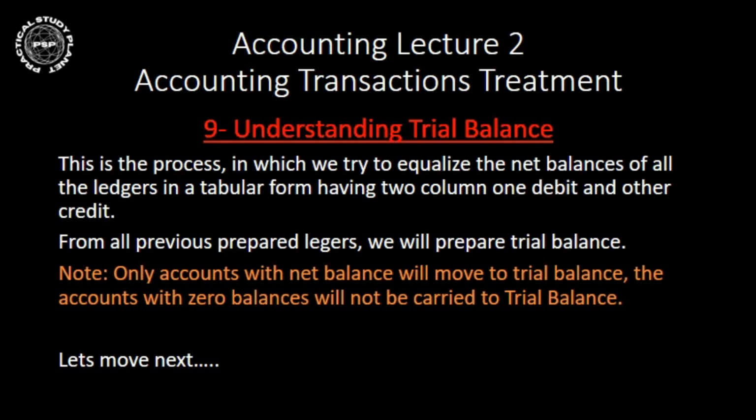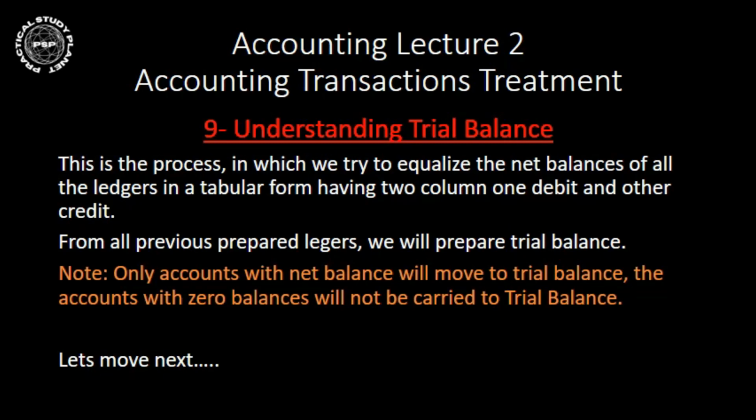Capital from cash we will start 850, and the meat bank account 2900, the car Nissan 2000, and building 8000. So like that all final balances, capital 14,000, all net balances will be transferred into the trial balance.